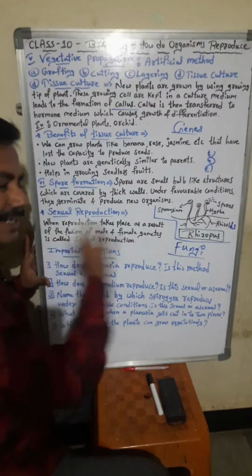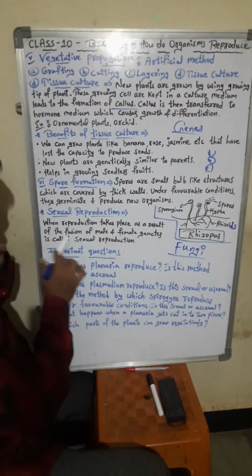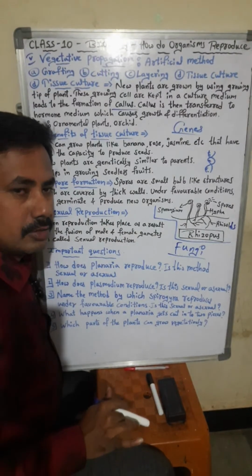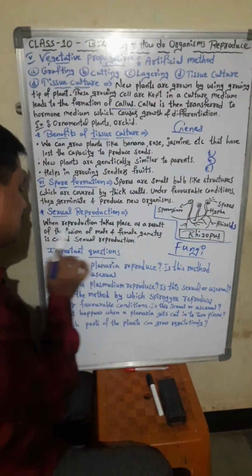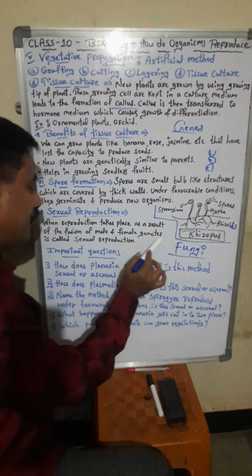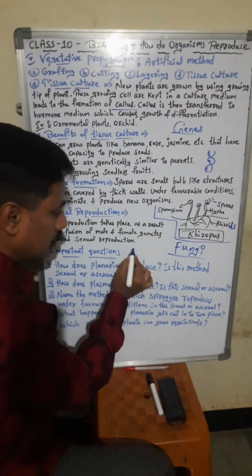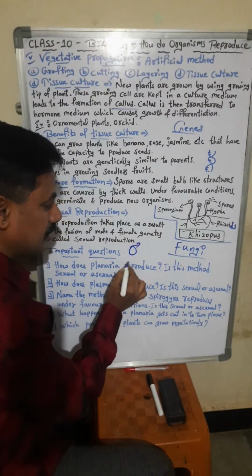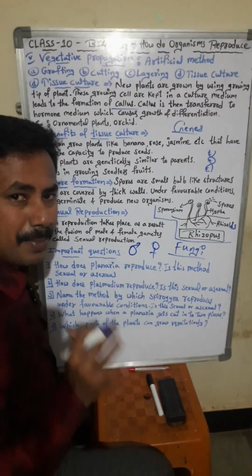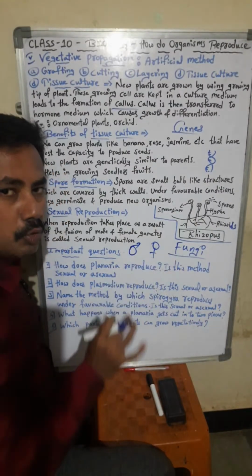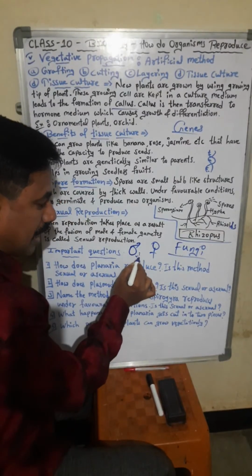Now I am going to give you an introduction about sexual reproduction. What do you mean by sexual reproduction? When reproduction takes place as a result of fusion of male and female gametes, it is called sexual reproduction. I am telling you the symbols, male or female.